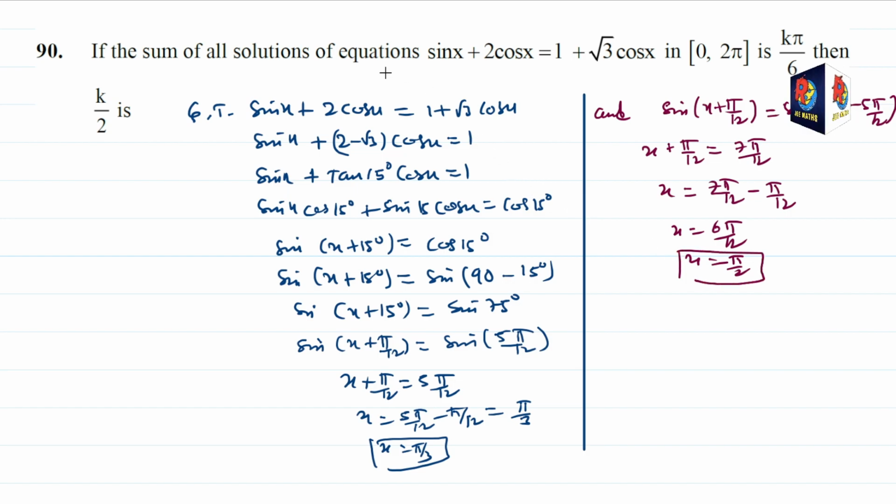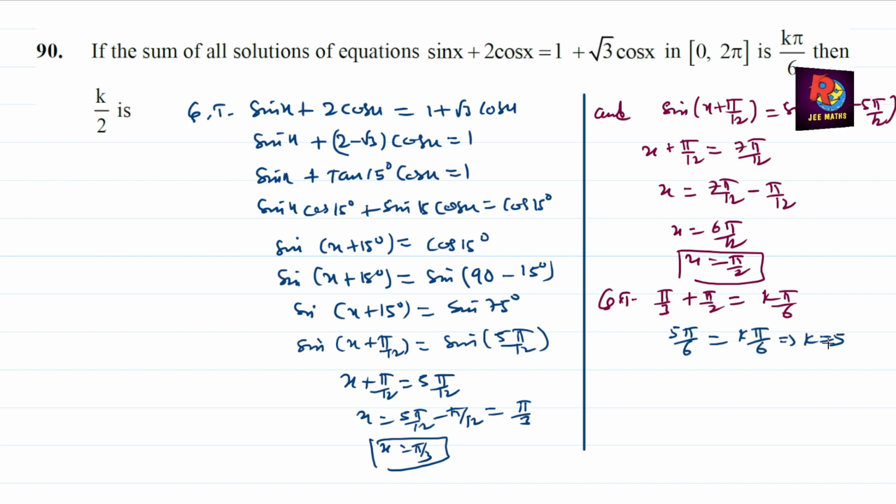We require the sum of all solutions, given as kπ by 6. So π by 3 plus π by 2 equals kπ by 6. Taking the LCM, it will be 5π by 6 equal to kπ by 6.